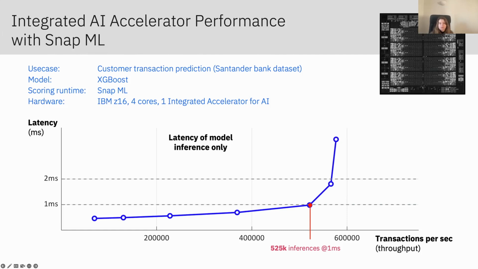They can run 525,000 inferences per second with 1 millisecond of latency, which really shows how fast you can run your inference on IBM Z. If you compare this to an environment without the AI accelerator, the performance will be really different from what you see. So this gives us a very unique position in having the AI accelerator and having the software that can exploit this.